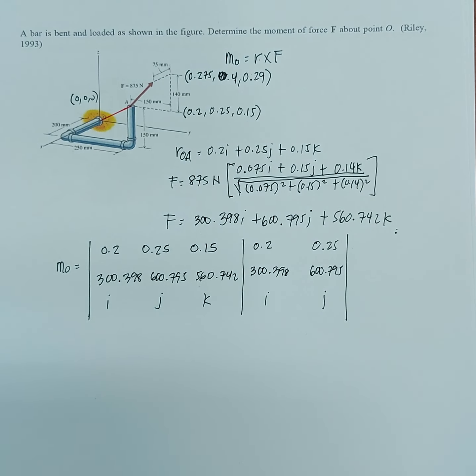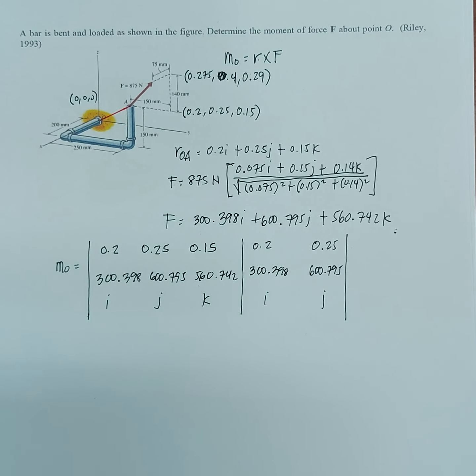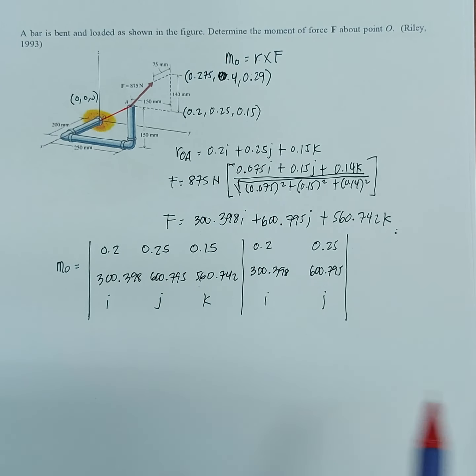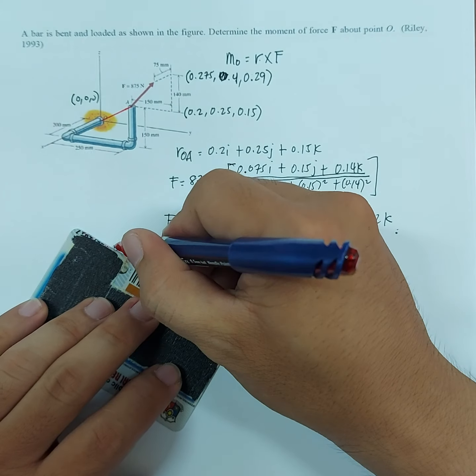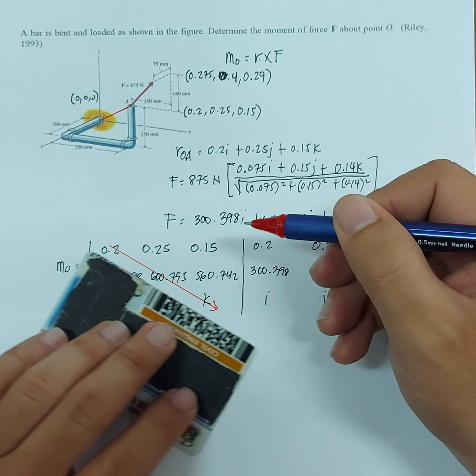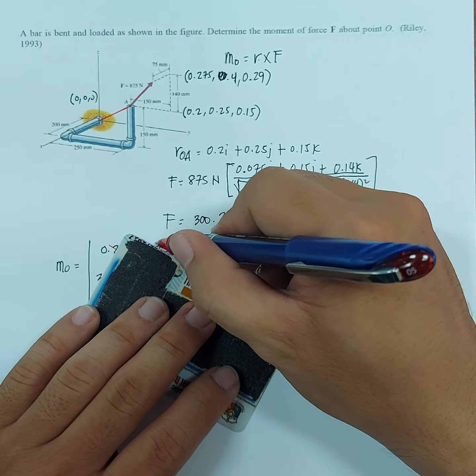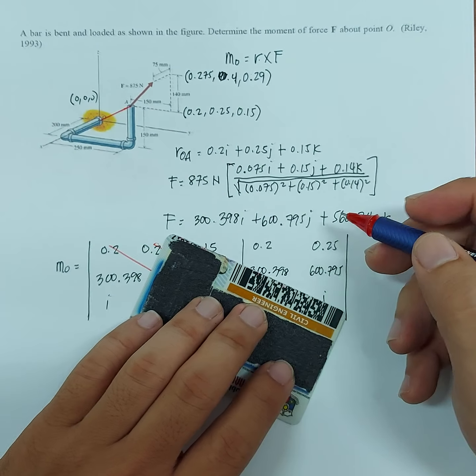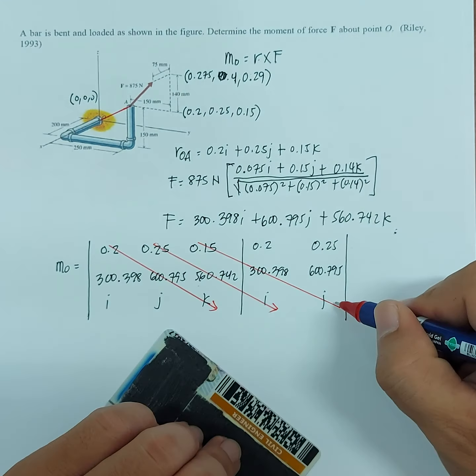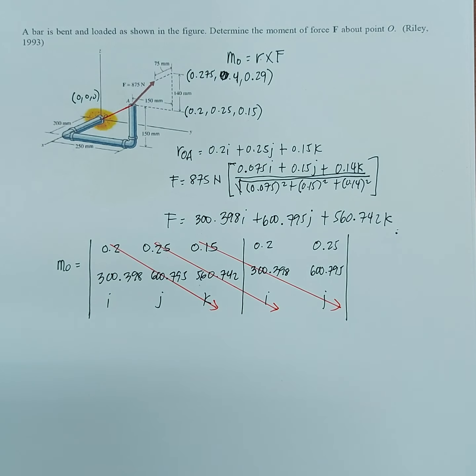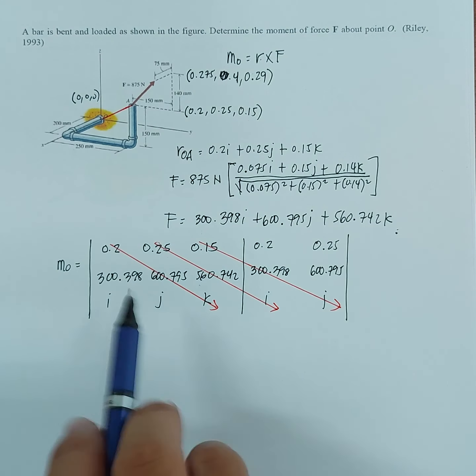Then we draw the basket. So we multiply the diagonals going downwards.